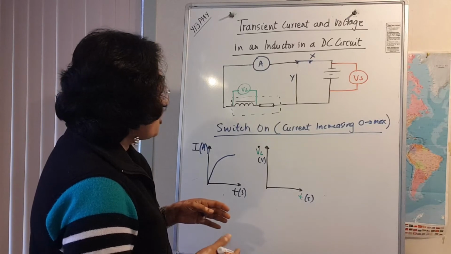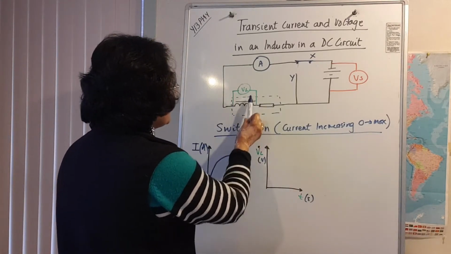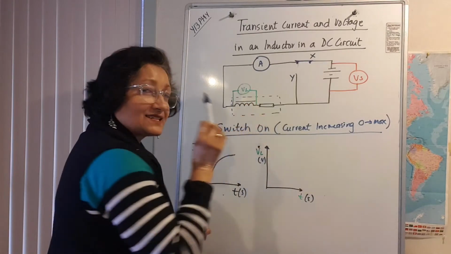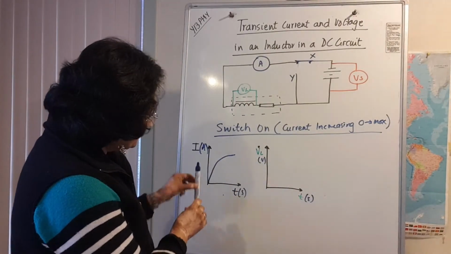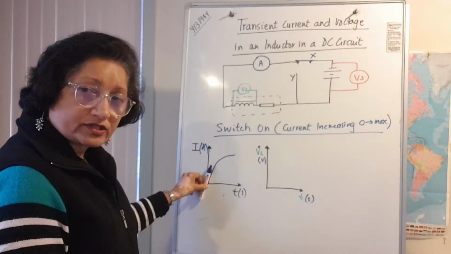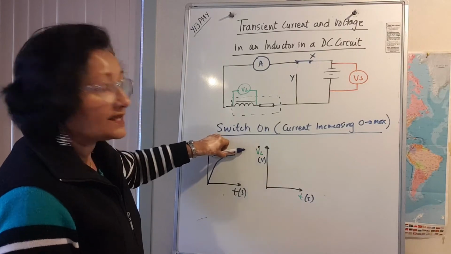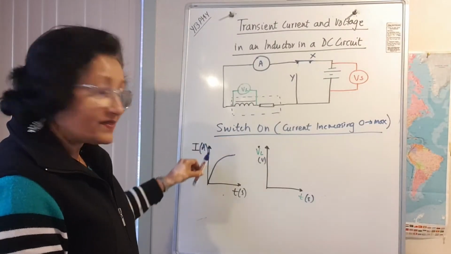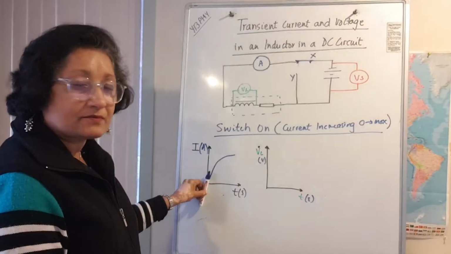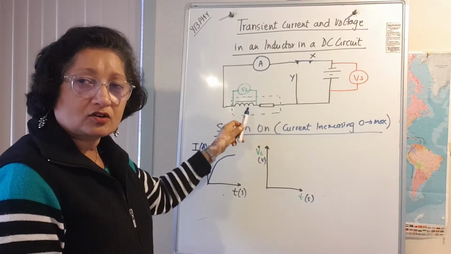What's happening to the voltage across the inductor? At switch on, when the current is going from 0 to a maximum, if you look at the gradient, it's the steepest at the start, and it gets less and less and becomes steady. When the current is changing at the maximum rate, that's when you have the maximum voltage across the inductor.